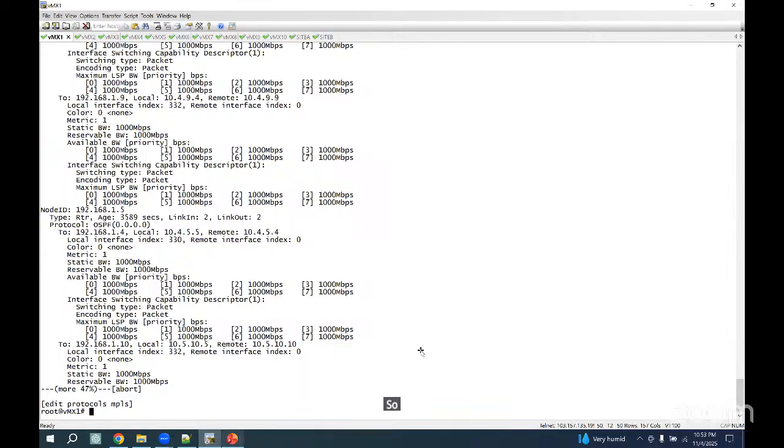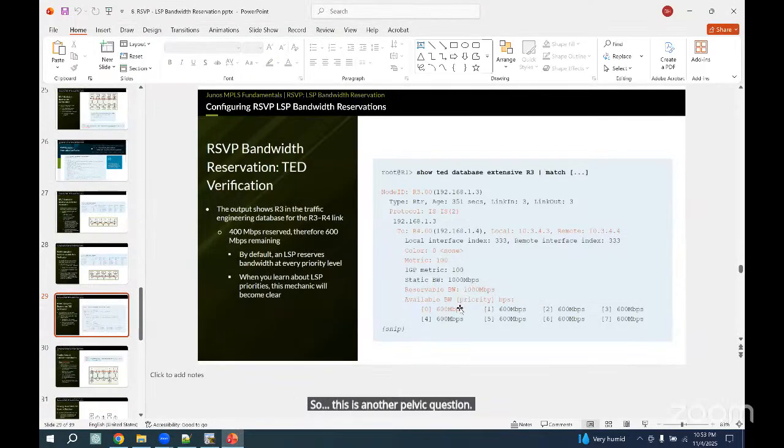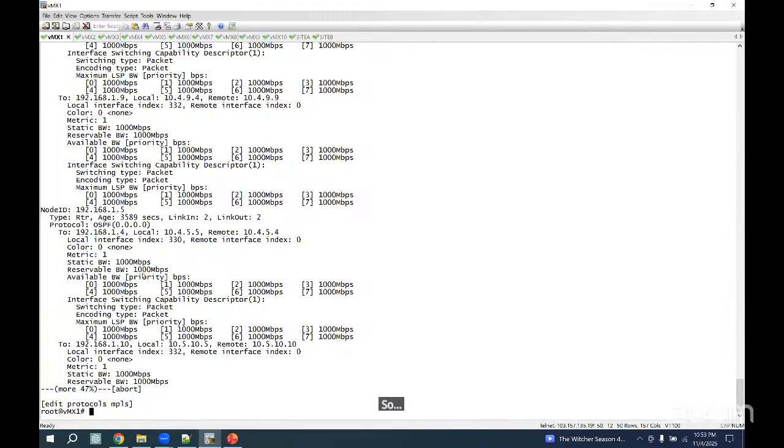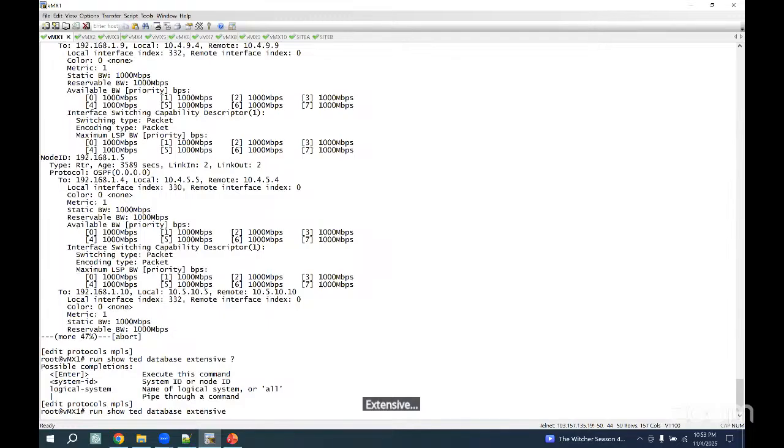So this is another verification. Here we can see the priority, available bandwidth per priority, and reservable bandwidth. After extensive, we can see here 192.168.1.6.